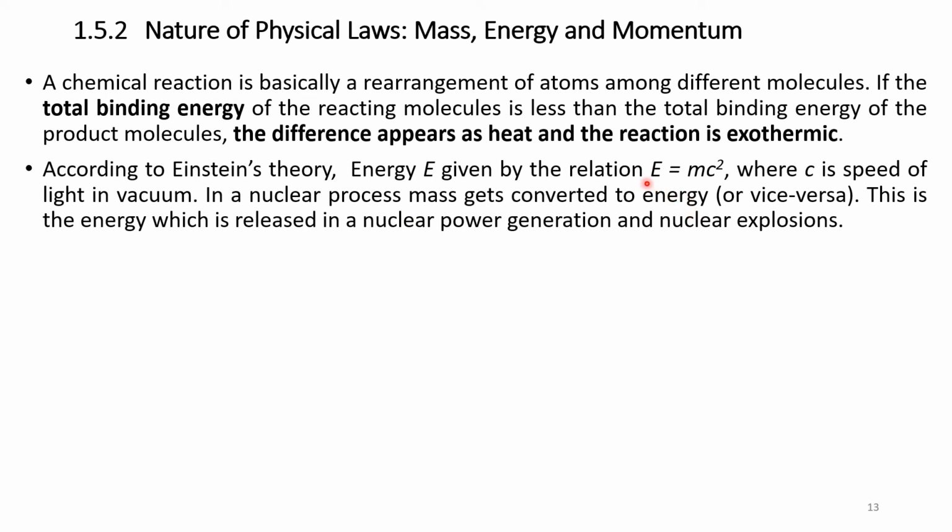Please see this equation of relativity: E is equal to mc square. On the left side, E is the energy, and on the right hand side it is mass. So energy is getting converted into mass or vice versa. This is the energy which is released in nuclear power generation and nuclear explosions.